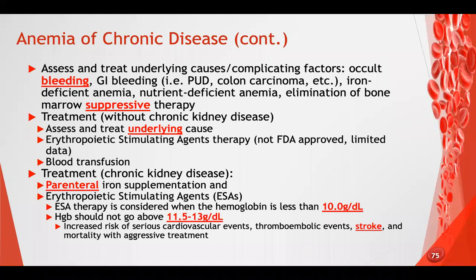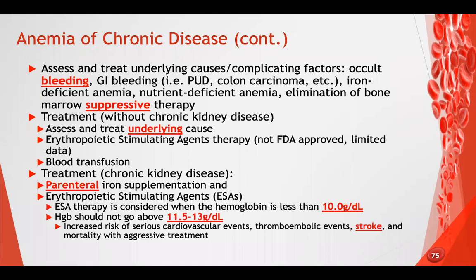If they do not have chronic kidney disease, then again, we would assess and treat the underlying cause, and erythropoietic stimulating agents can possibly be utilized, but these are not FDA approved if the individual does not have underlying chronic kidney disease. A blood transfusion can also be done. For those who have anemia of chronic disease and they do have chronic kidney disease, parenteral iron supplementation and erythropoietic stimulating agents can be utilized.